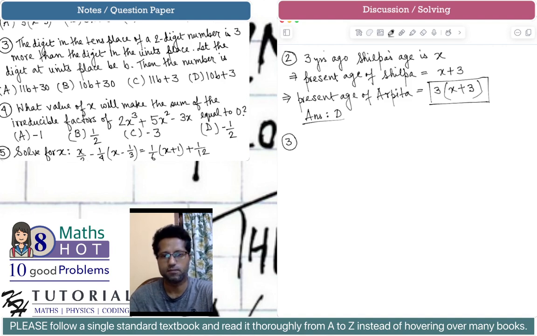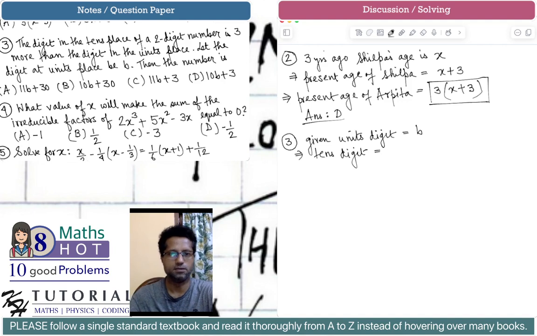So the units digit is equal to b, and this implies the tens digit will be b plus 3.